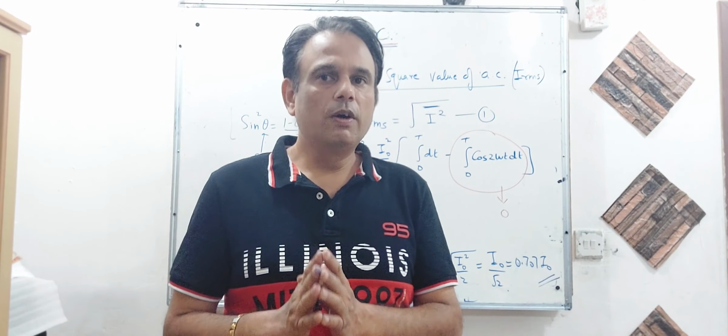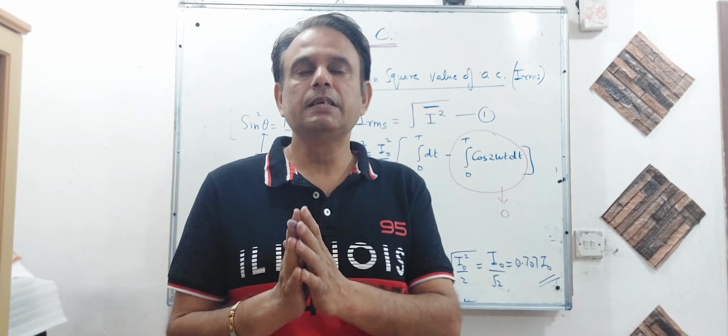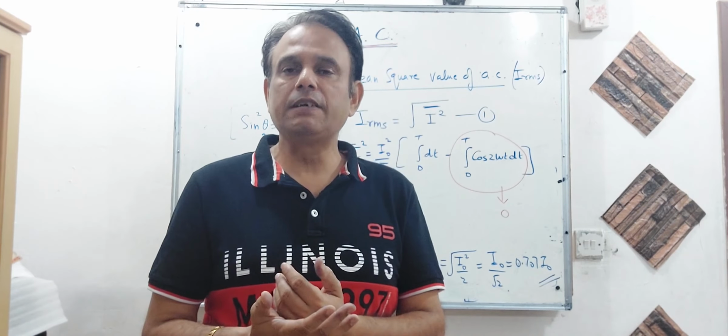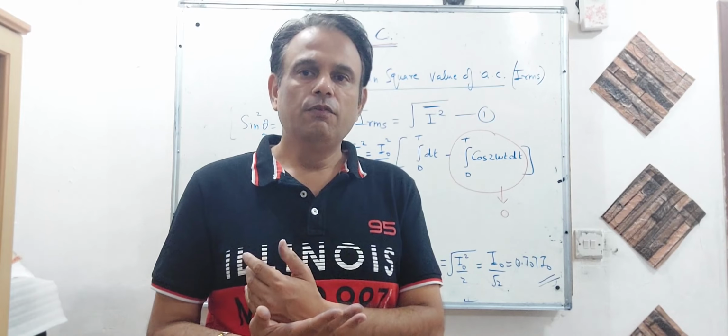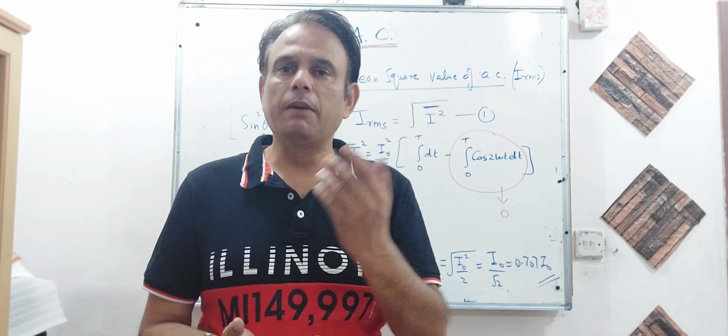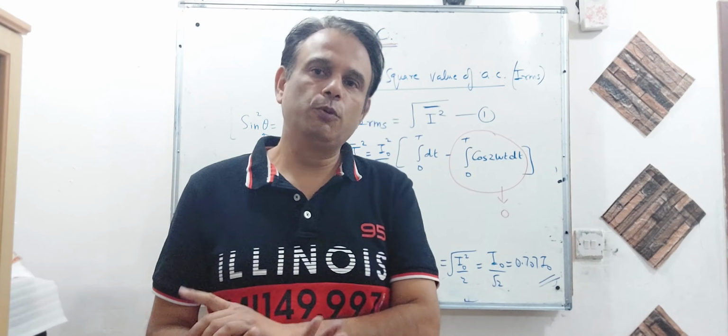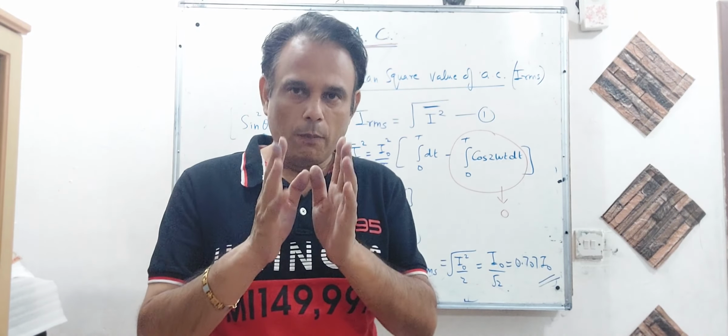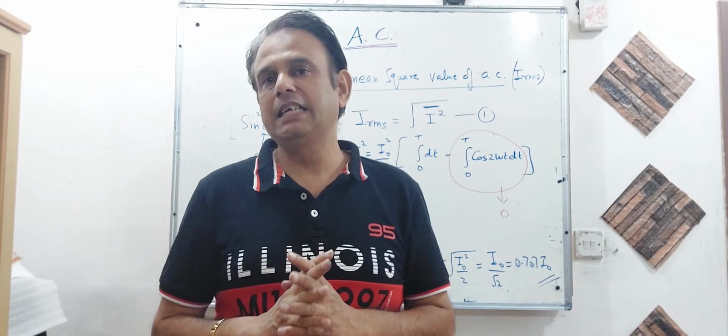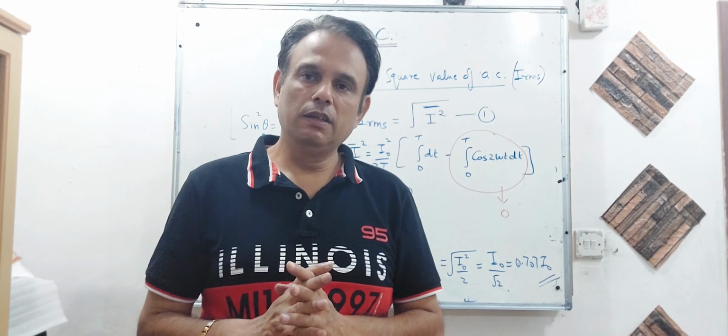What does it mean? What does phase difference mean? What does phase mean? What is the impact of AC when it flows through R, L and C? We'll try to understand that in a simple manner. So my next video will be AC flowing through all these 3 components, and then we will see some combinations, and finally LCR. So wait for the next video.